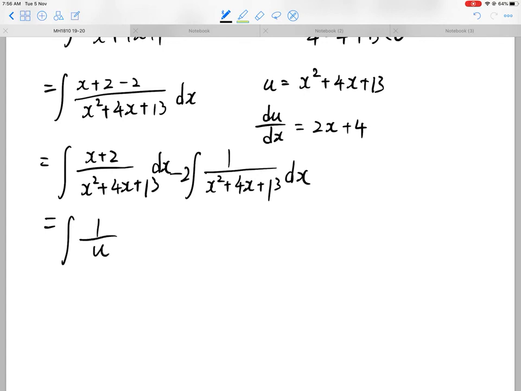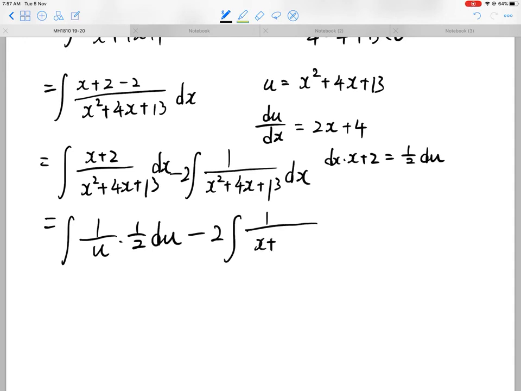But your dx, you change it a bit, so (x plus 2) times dx should be half du. Alright, so this part should be half du. And minus 2, now for this part you can apply the same trick. It's (x plus 2) squared plus 3 squared dx.